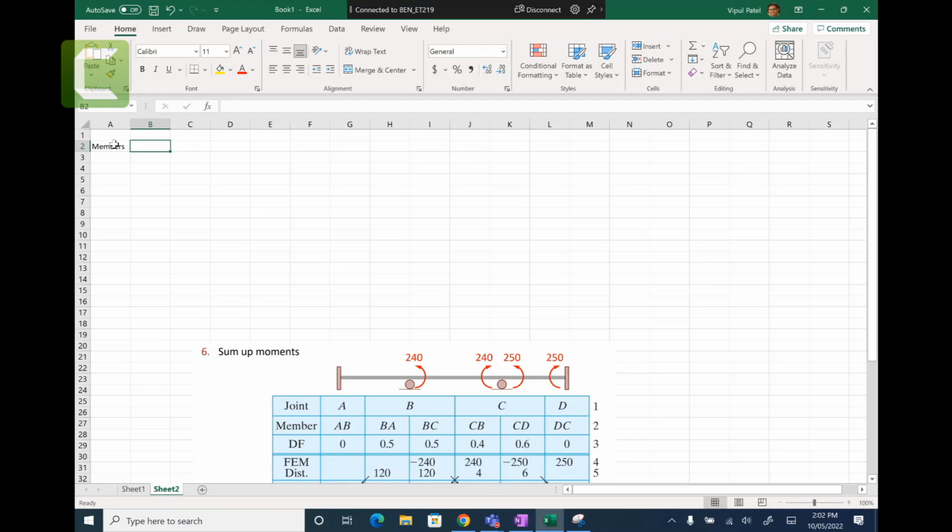You have member AB, leave the gap, member BA, member BC, leave the gap, CB, CD, and leave the gap, and DC.